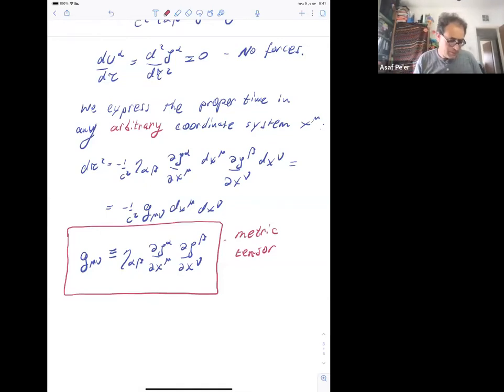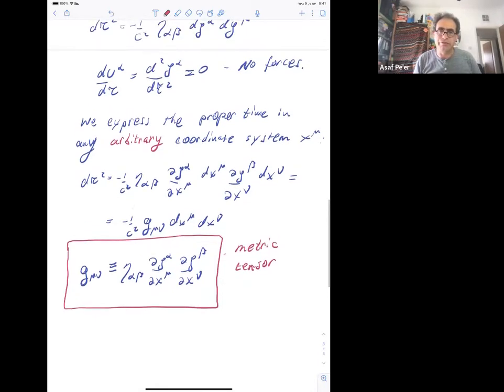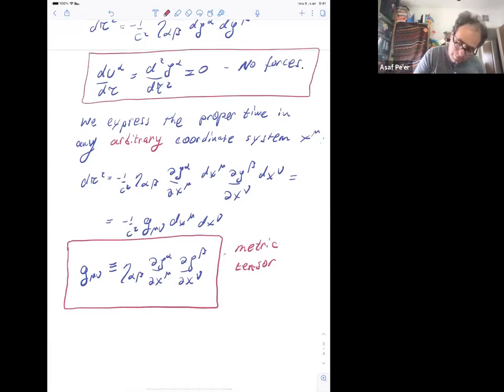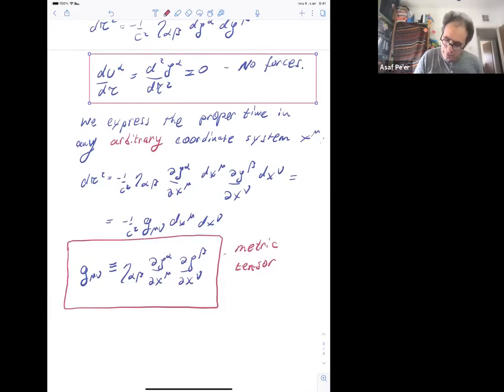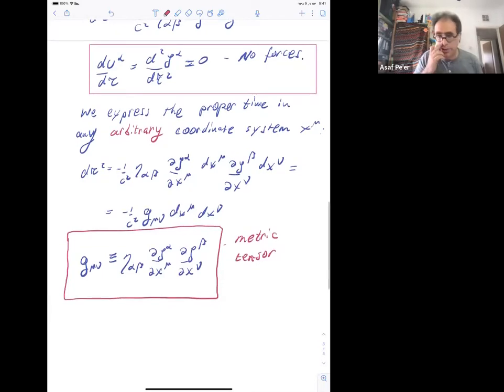So now we want to see how the motion of a free particle would look. How the motion of a free particle looks, we just change coordinates.